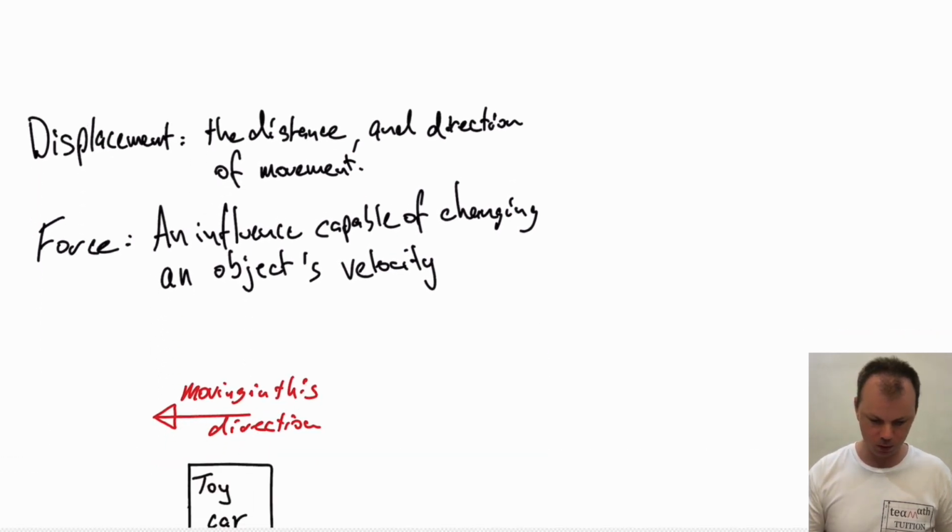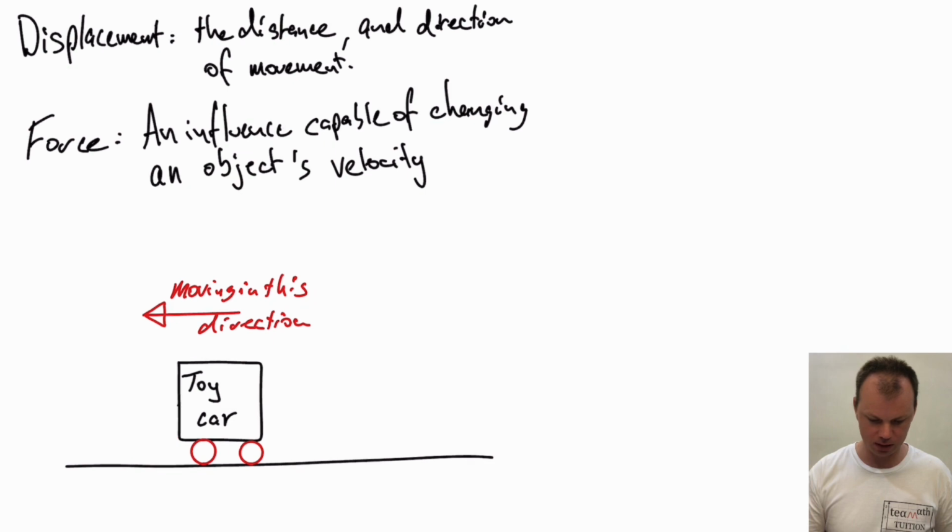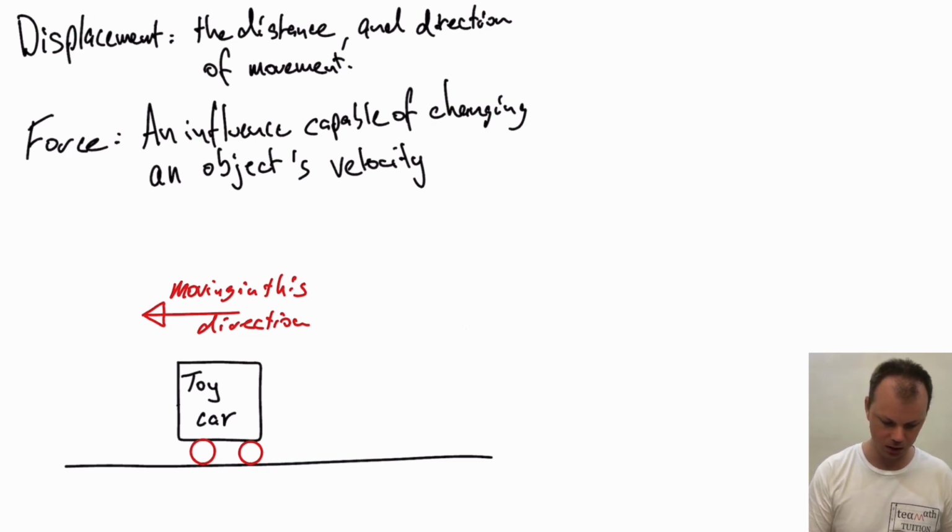So with that said, we're going to have a look at this example here. We've got a toy car moving on a horizontal surface and it's moving in a direction. So I've got that indicated on the diagram. Now it might be moving at 2 meters per second, some velocity.